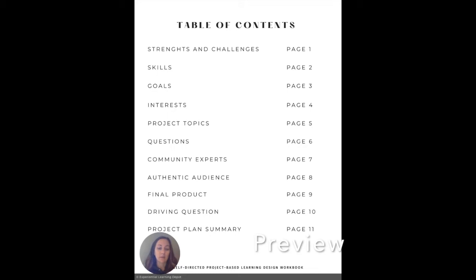They create a final product that makes sense for all of these things and follows their interests, goals, skills, strengths, and challenges, create a driving question, and then create a project plan summary. From this point, they can move on to a project-based learning experience and should have the details and specifics moving forward.